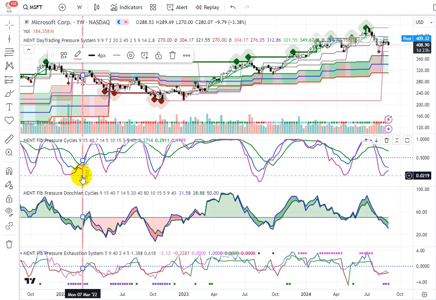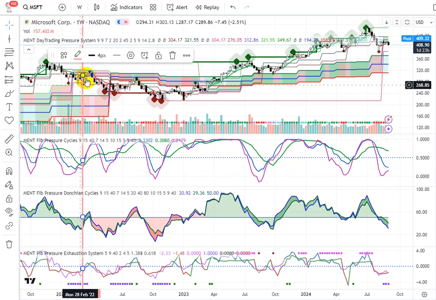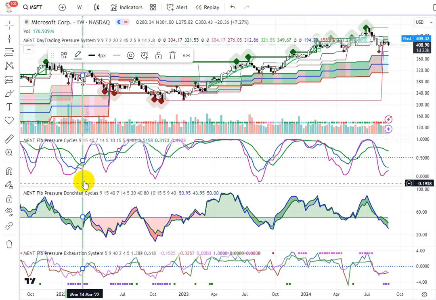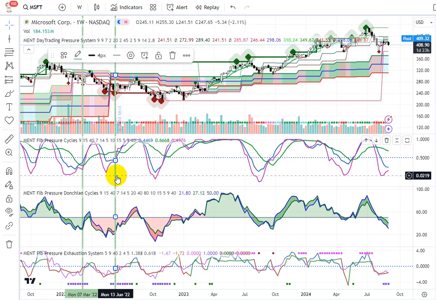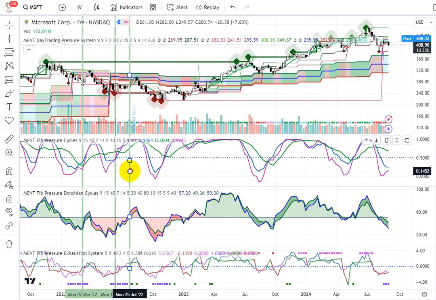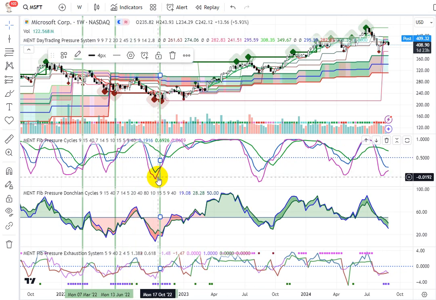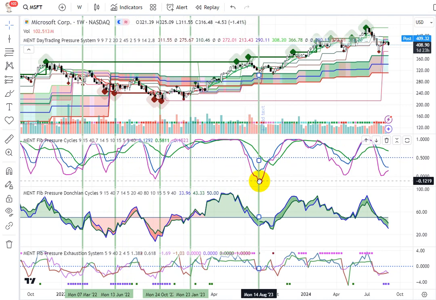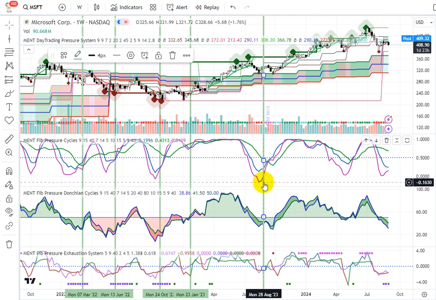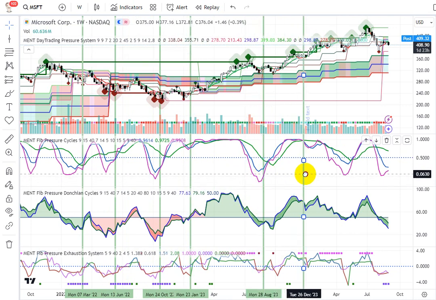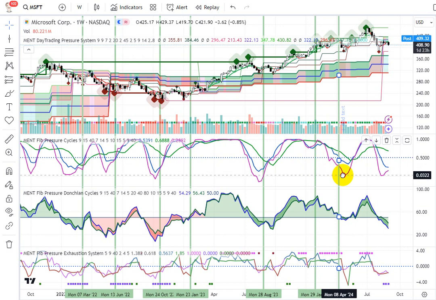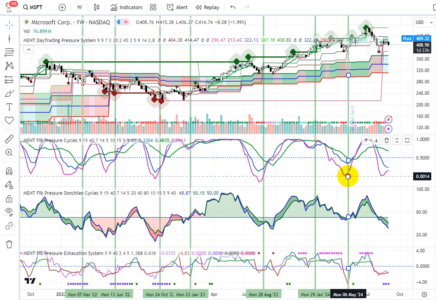right here, and make it a light green. Cycle low, cycle low, cycle low, cycle low, moderate little cycle low right here, cycle low right here.